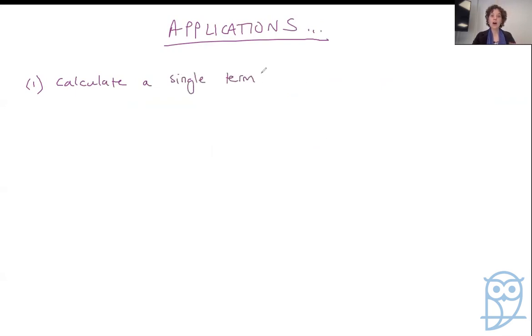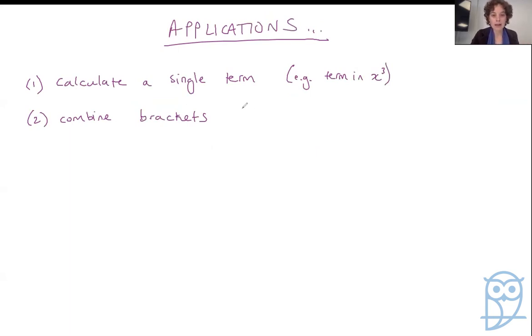So that nr, a to the n minus r, b to the r, how do we use that to calculate a single term? We also combine brackets. So let's just put here, e.g., I'll ask you for the term in x cubed. Then you must only ever calculate the term in x cubed.